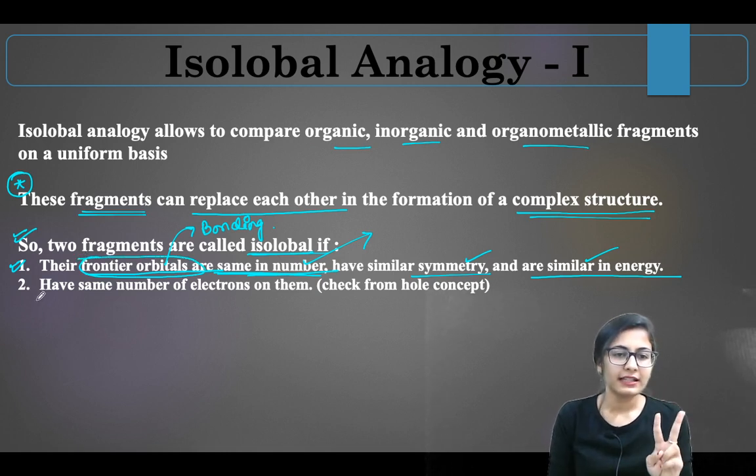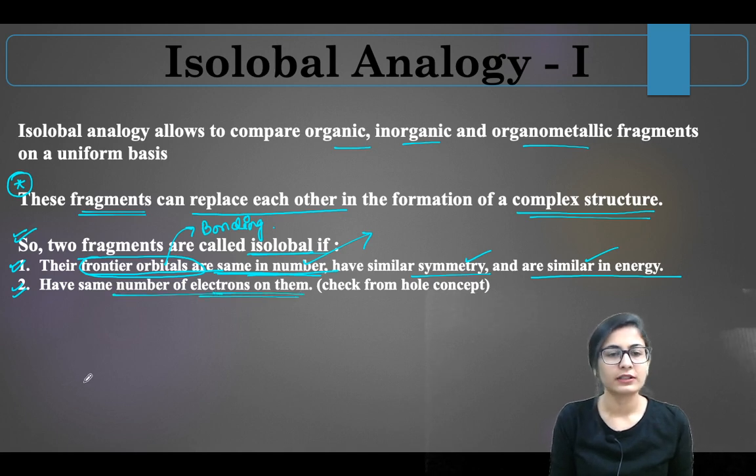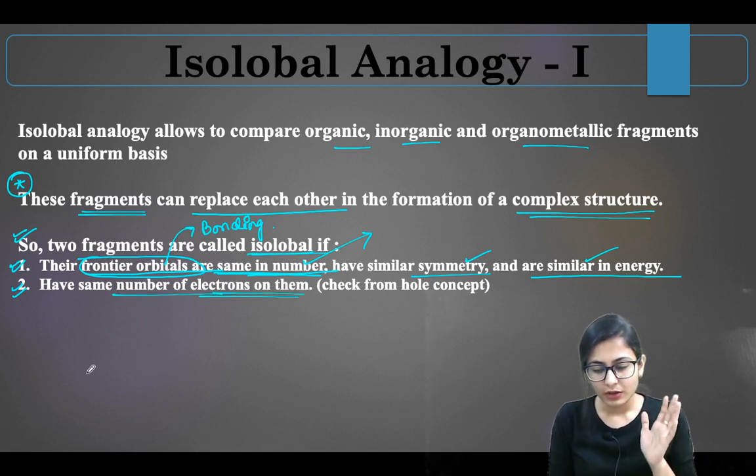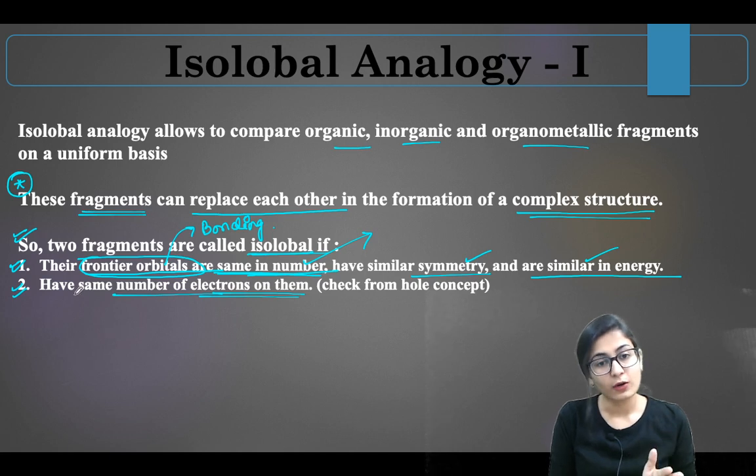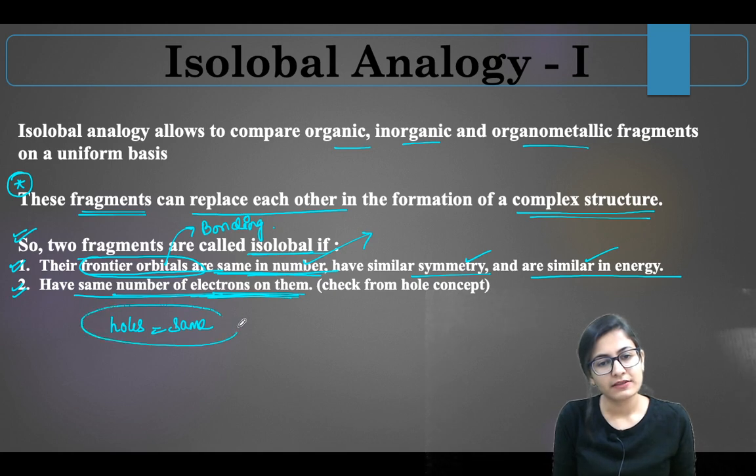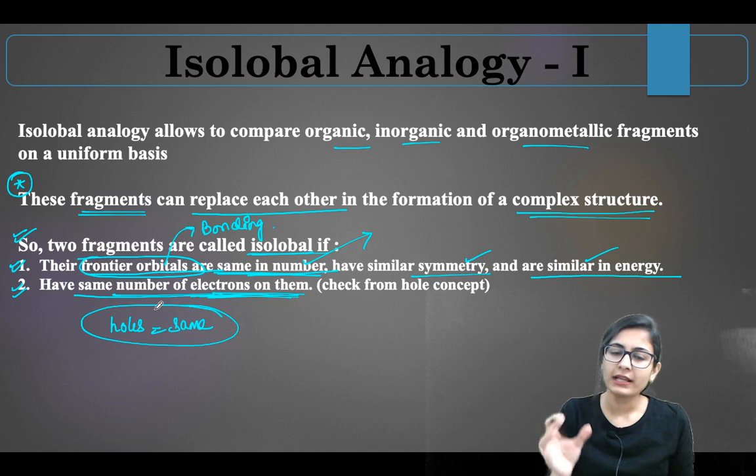The second thing is they must have the same number of electrons on them. Now it is not always the case that they are going to have the same number of electrons, but there is one thing: they must have the same number of holes. What does that mean? Hole analogy makes counting electrons very simple.